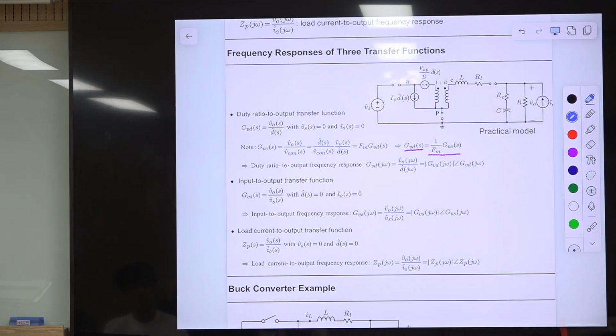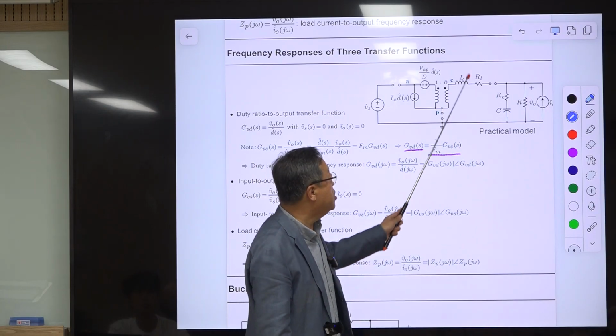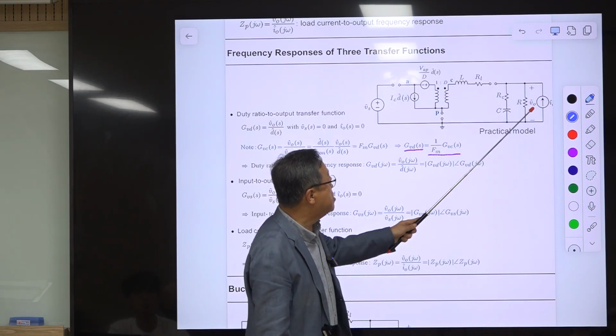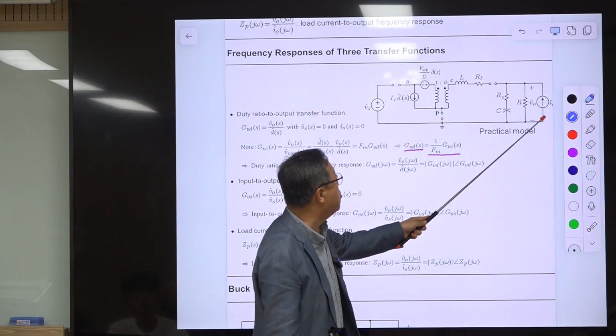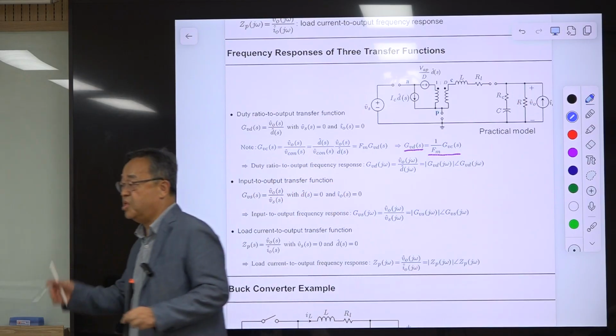But this one is extremely important. RC is creating a 0 here. So the 0 created by this combination will show up in all the transfer functions. But this one can be ignored. This one only occurs in the transfer function from the load current to the output voltage. So sometimes that can be ignored.